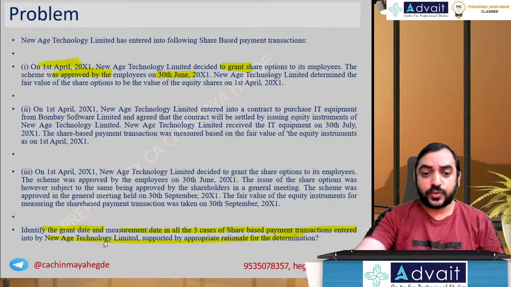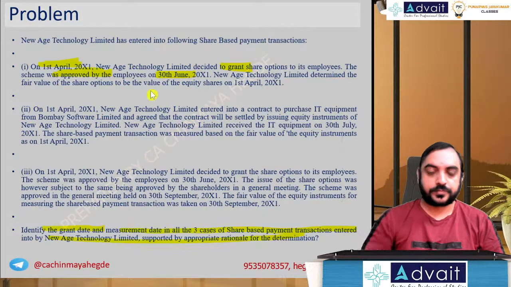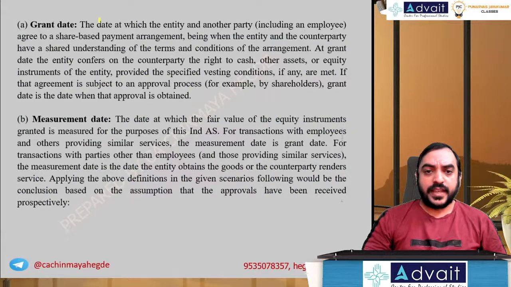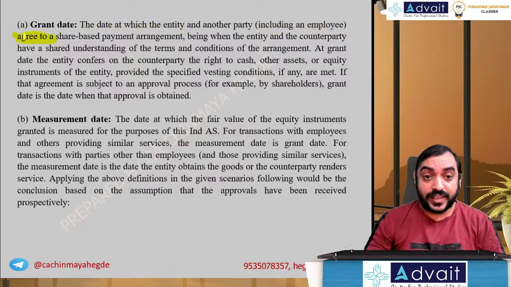Okay, first let me just quickly read for you the definition of grant date and measurement dates. The date on which the entity and another party, including an employee, agree. Please focus on the word agree.